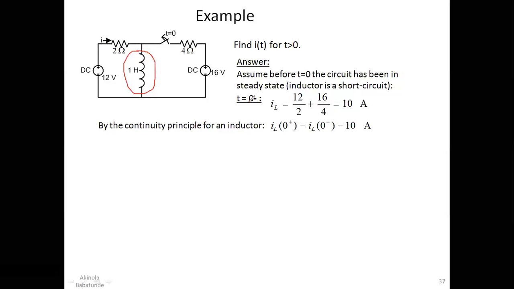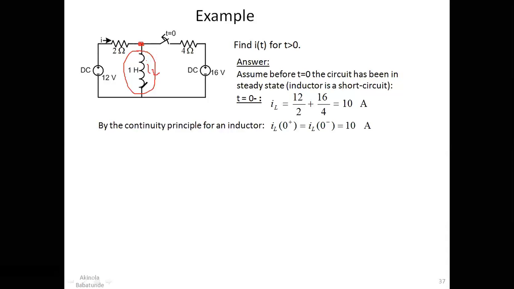So at t equal to 0 minus, we can easily find the current IL for this inductor. How? If you take this place to be a node, all you need to do is apply KCL.